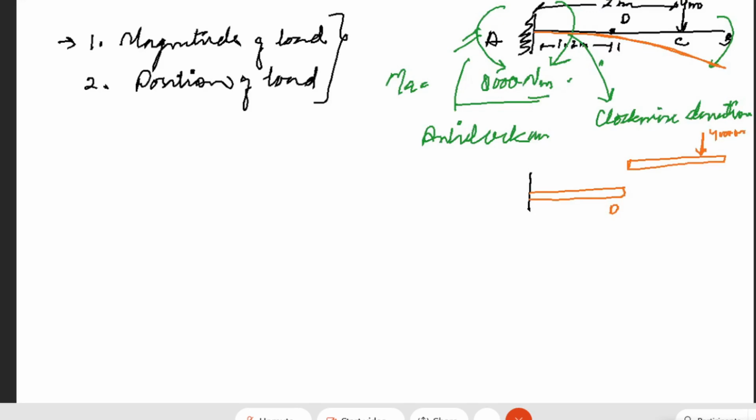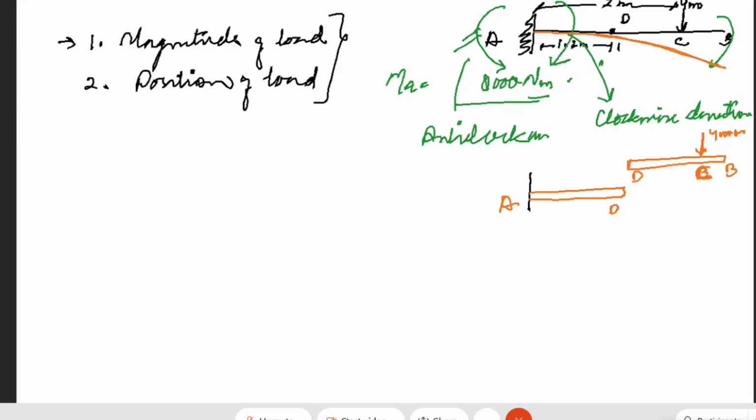Now we need to understand when we are analyzing both parts, that is AD and then DB. Sorry, it is DC here and B at the end.